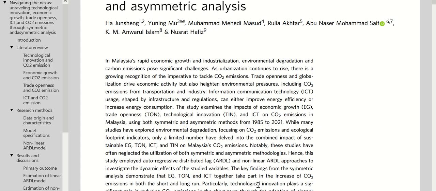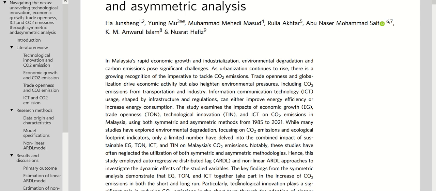In step 5, focus on the key findings. Now we come to the most important part of the abstract, the results. The key findings from the symmetric analysis demonstrate that economic growth, technological innovation and ICT together contribute to the increase of CO2 emission in both the short and long run.